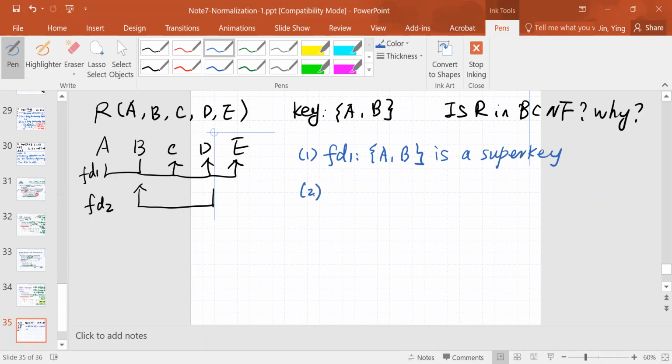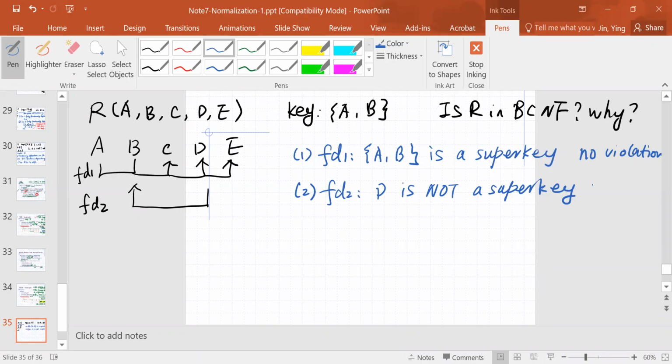And let's see FD2. The left-hand side is D. So we also need to check if D is a super key or not. And obviously it is not, it doesn't contain AB. So this is not a super key. Right, so this one, no violation.